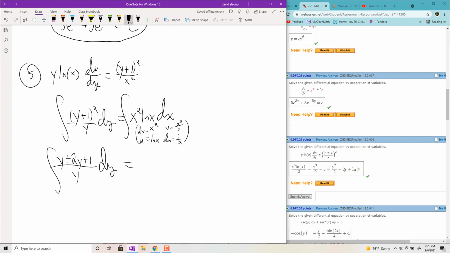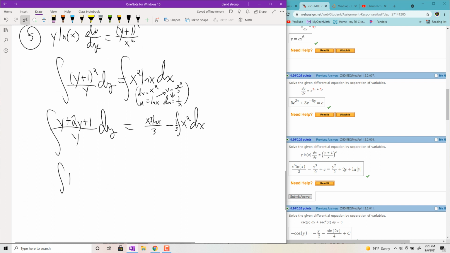Okay. Then it's u times v, so x cubed ln x all over 3 minus the integral of v du. So there's a factor of 1/3 I could pull out, and then I'll have x squared dx.